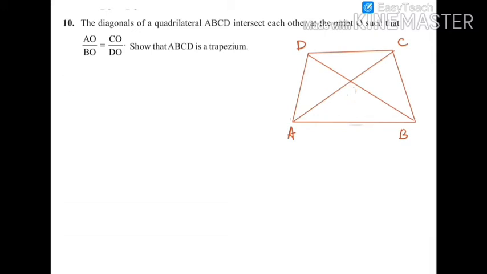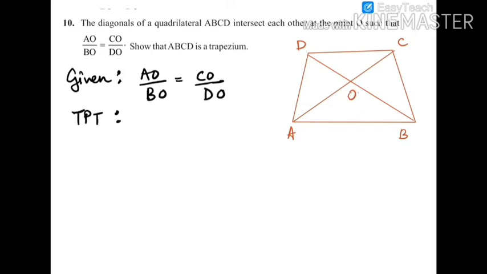So we are given that AO upon BO is equal to CO upon DO. What do we have to prove? That ABCD is a trapezium. For this quadrilateral to be a trapezium, one pair of opposite sides should be parallel. So we have to show that AB is parallel to CD.